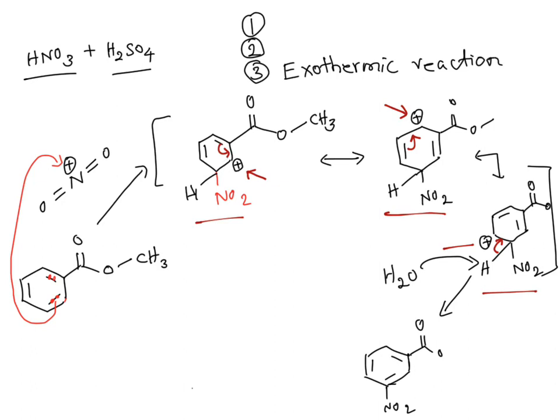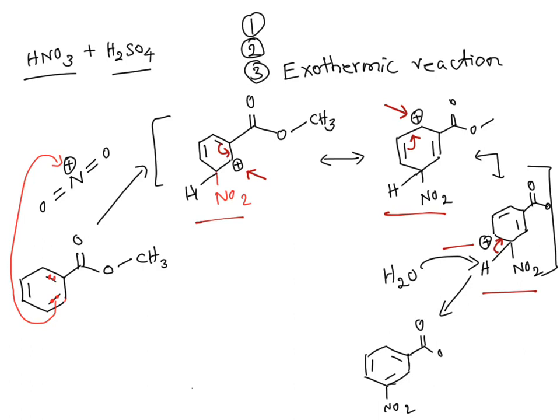It can go bad if you add sulfuric acid suddenly to the nitric acid. It may create a lot of heat and boil off the mixture, and sometimes it can shoot out of the flask. So to contain the exothermic reaction, we need to add slowly.